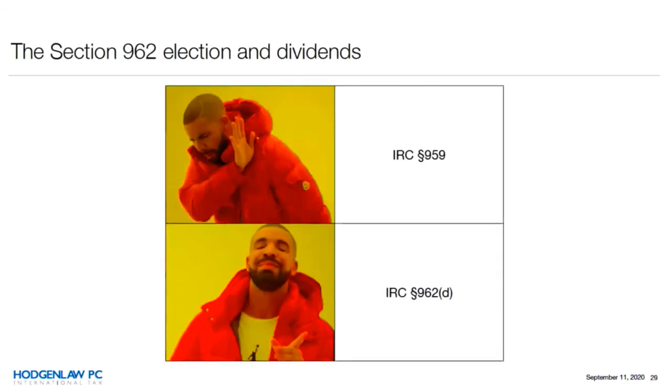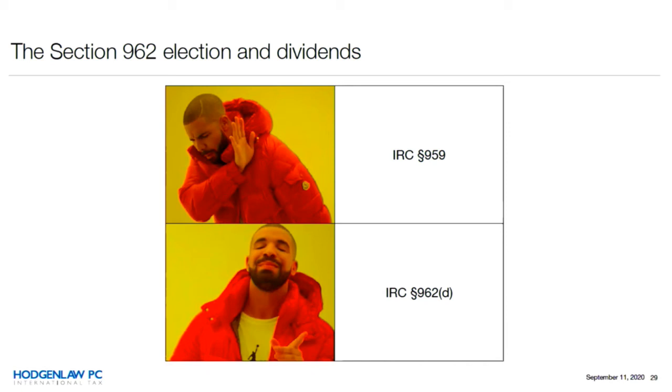Here's the basic idea of the Section 962 election and its impact on dividends from the controlled foreign corporation. Section 959 is the default rule, and Section 959 says, when a U.S. shareholder receives a distribution of previously taxed earnings and profits, that distribution is not included in gross income.